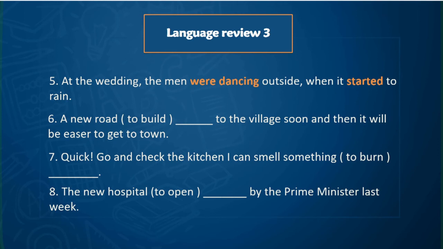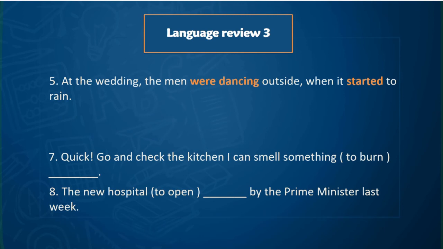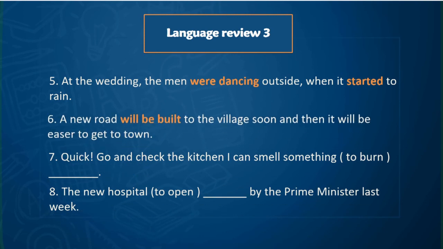So it is the passive voice here, we can use the future. Compare your answer. Model answer. A new road will be built very soon, and then it will be easier to get to town.